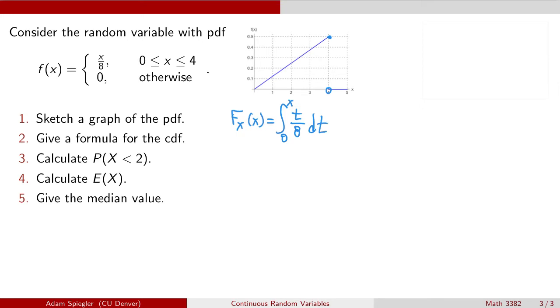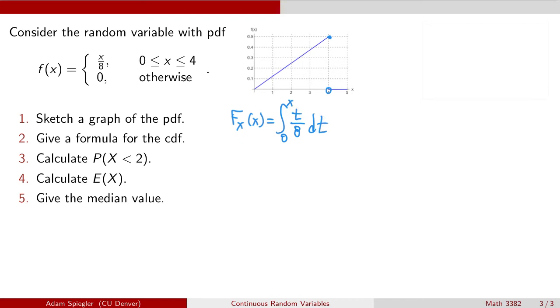the PDF. And so I changed the value here to t because in the end, the upper limit of the integral corresponds to the value of the random variable x. So since I used x in the upper limit, I should use a different variable inside the integral.